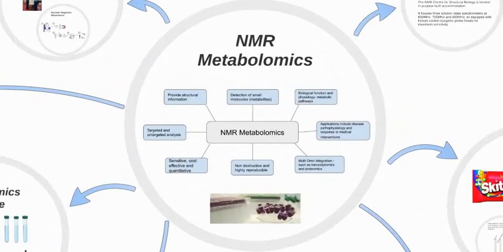NMR metabolomics. Nuclear magnetic resonance spectroscopy, or NMR spectroscopy for short, is used in NMR metabolomics to analyse small molecules known as metabolites in biological samples, such as tissues, cells, and biofluids.